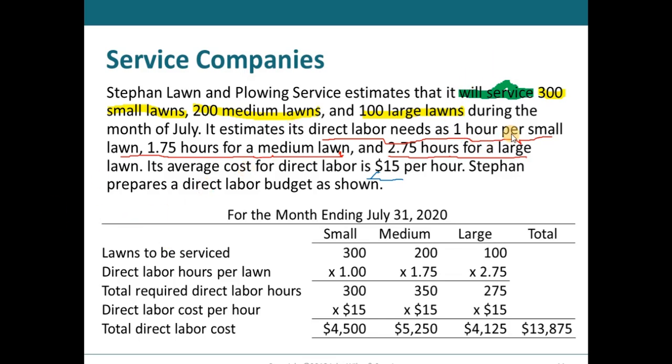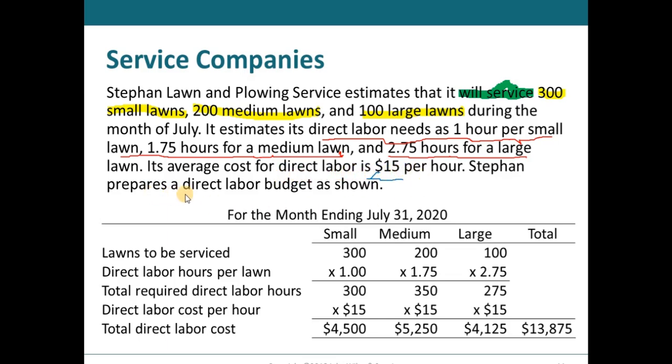During the month of July, it estimates its direct labor needs as 1 hour per small lawn, 1.75 hours for a medium lawn, and 2.75 hours for a large lawn. Its average cost for direct labor is $15 per hour.